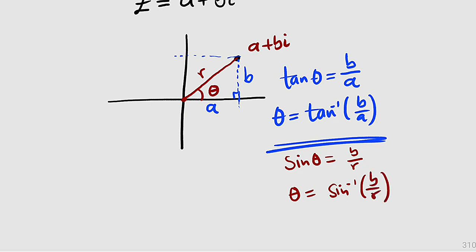And sometimes this complex number can be found within other quadrants. For instance, if it is situated here, this is going to be negative a plus bi. Why? Because the x-axis here is negative. So which angle are we looking for? We are looking for the angle from the origin, and it has to start from the standard position, from here down here.